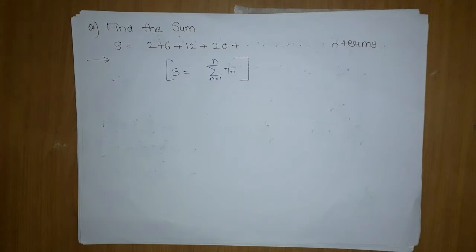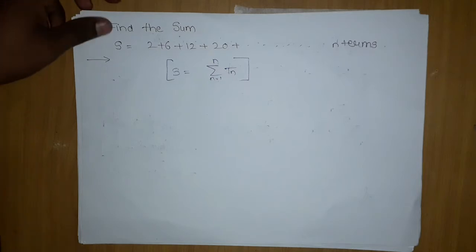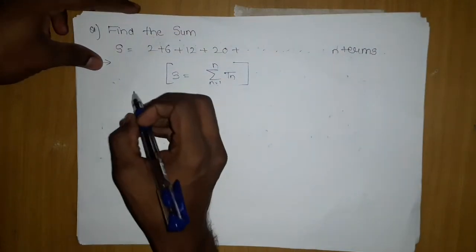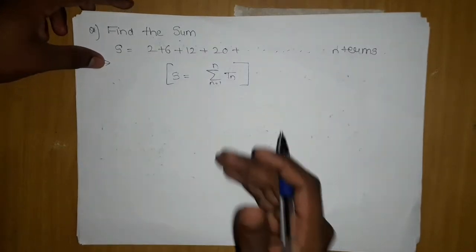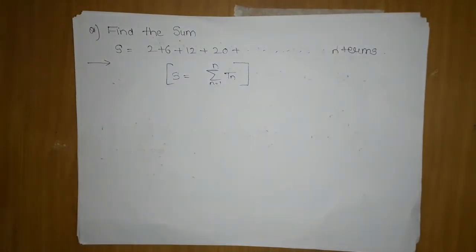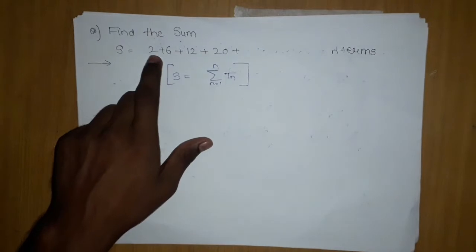S is equal to 2 plus 6 plus 12 plus 20 till n terms. We want to find the sum. The steps are as follows. This problem can be easily solved if you can analyze the nth term. If you can, then your job is done. There are many ways to analyze it, like 2, 6.